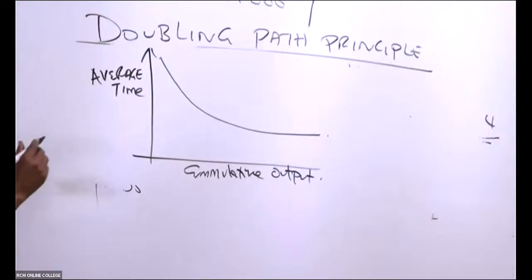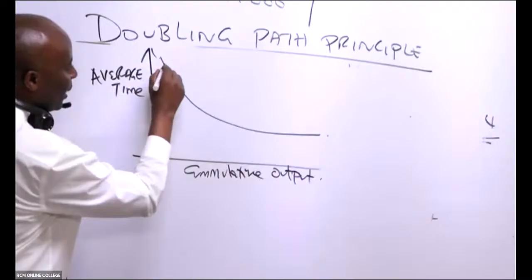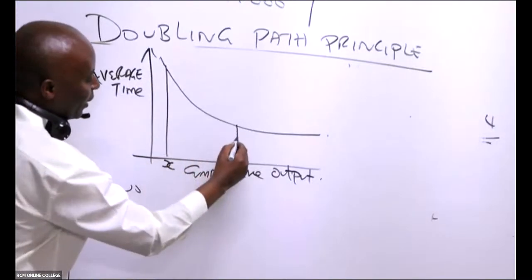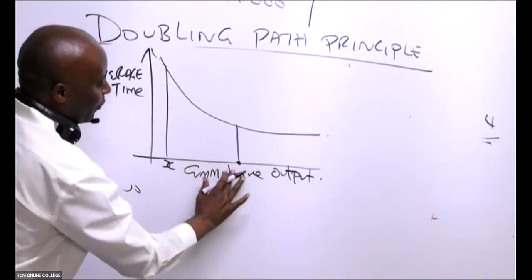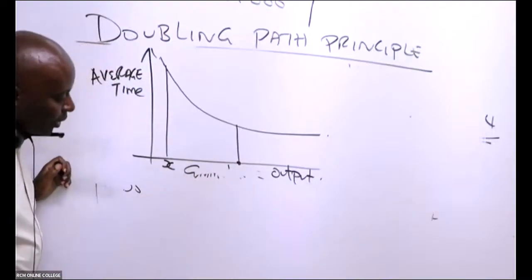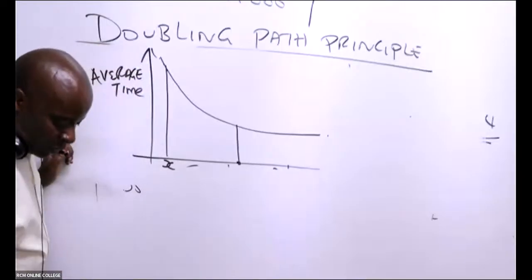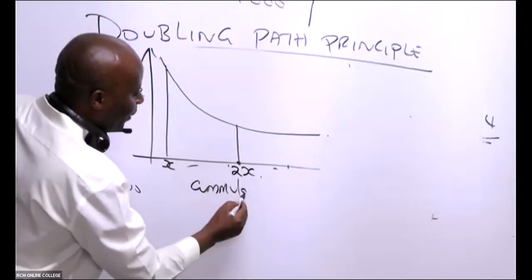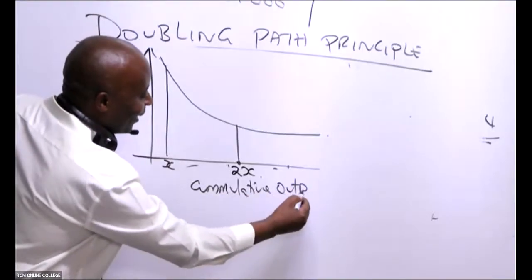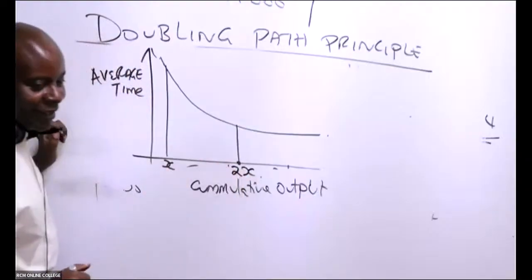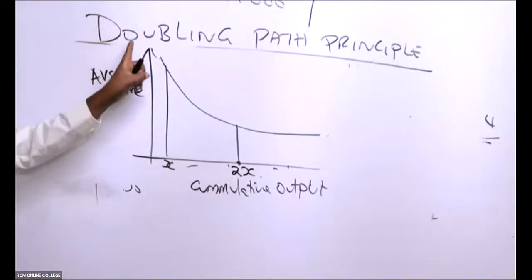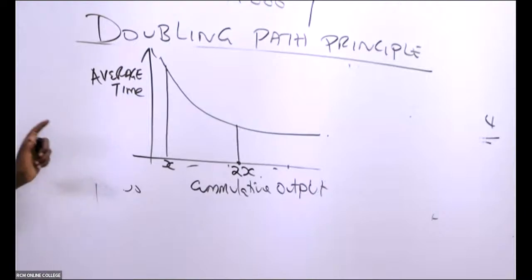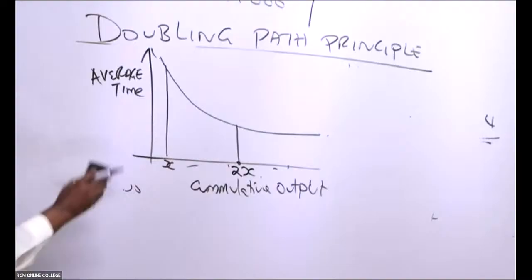And then I would want you to draw two things here. Let's have here X, versus 2X here. So this is cumulative output. Do you know why I'm writing 2X here? Because of the concept of the doubling path. As output doubles from X to what? To 2X.